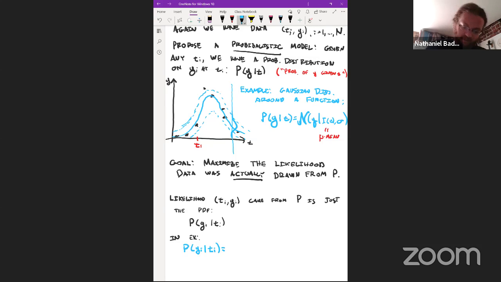Well, this is a normal distribution, so it's going to be 1 over the square root of 2 pi sigma squared times exp. So this is just your standard Gaussian normal distribution of the difference between the data point and the mean, which is Yi minus I of Ti, squared, over 2 sigma squared, okay?